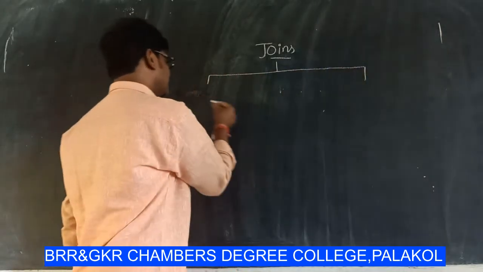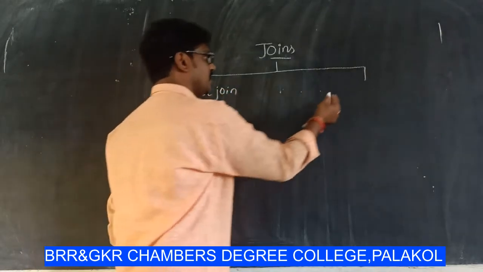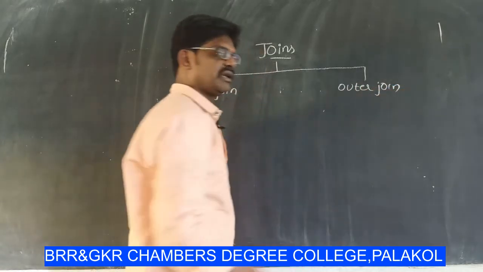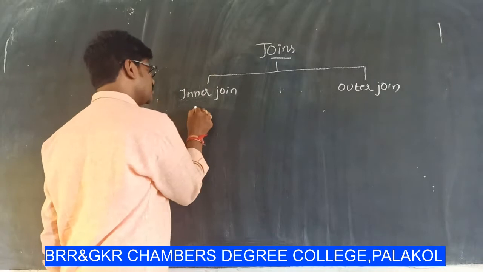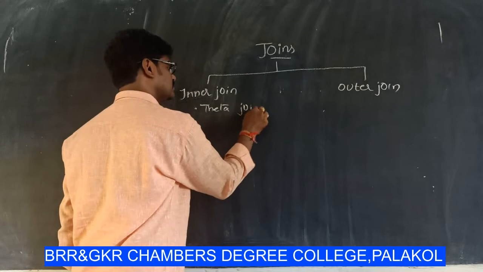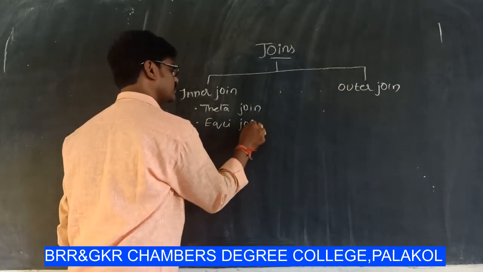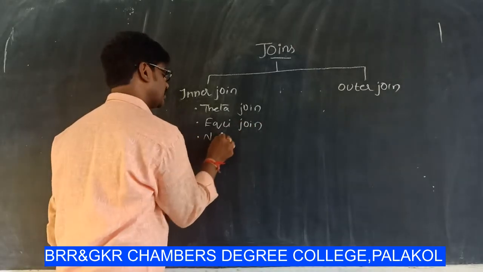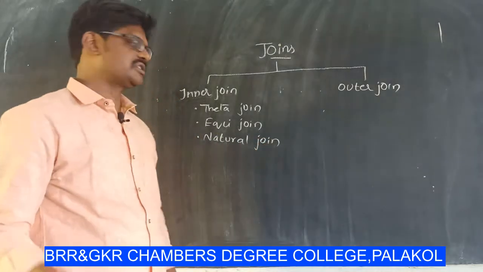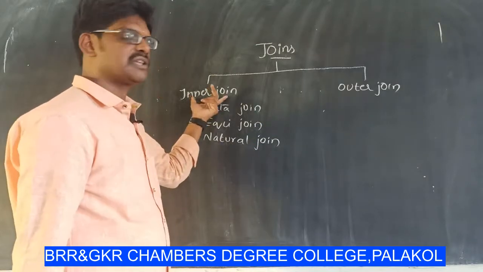One is inner join and the next one is outer join. Inner join forms are theta join, equi join and natural join. So theta join, equi join and natural join are the inner joins.